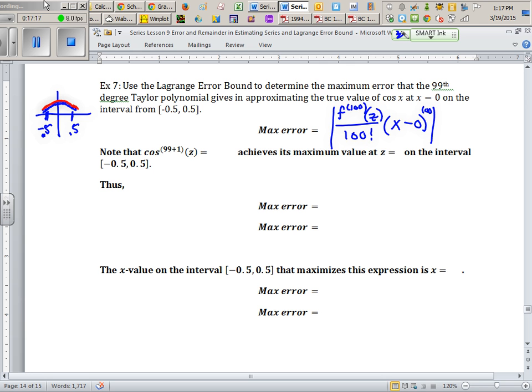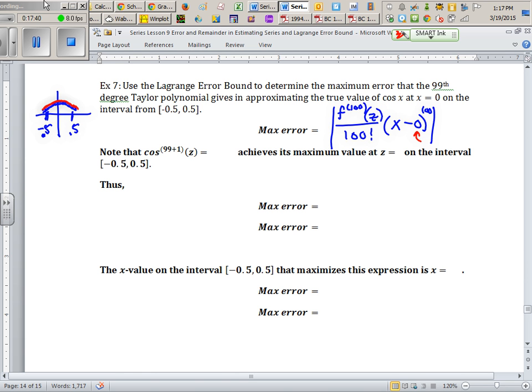Because we're doing a 99th degree Taylor, and then you're going to look at the 100th, which is the term after 99, right? It's x minus 0 because it says at 0. So that's how you determine that.